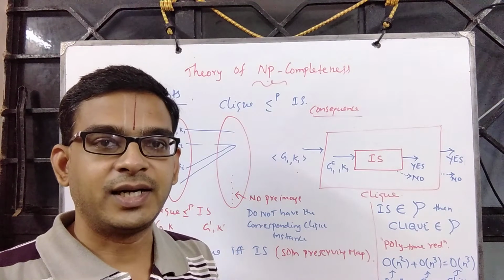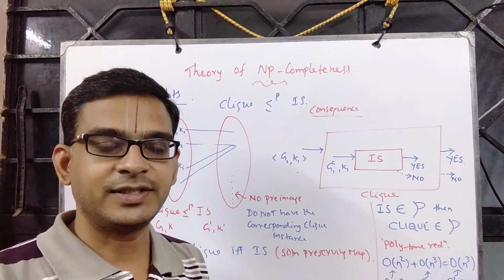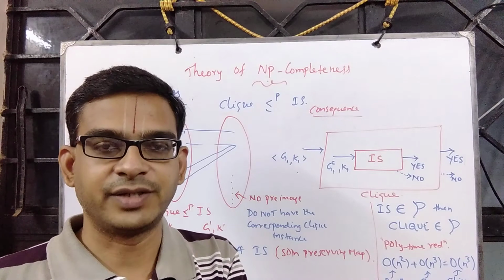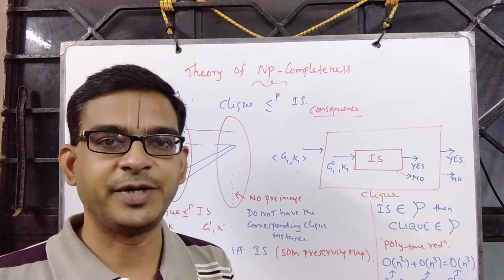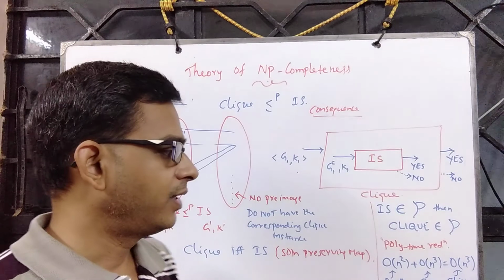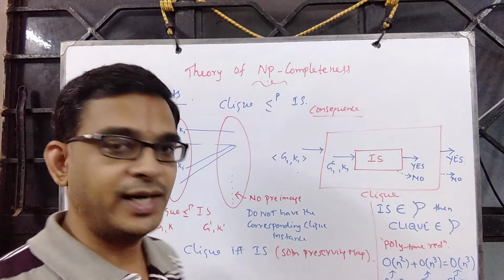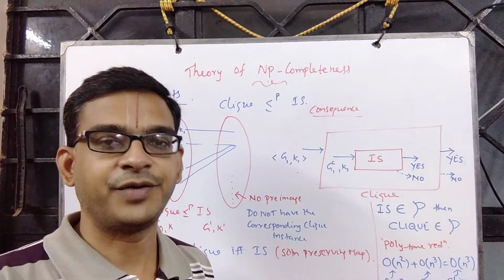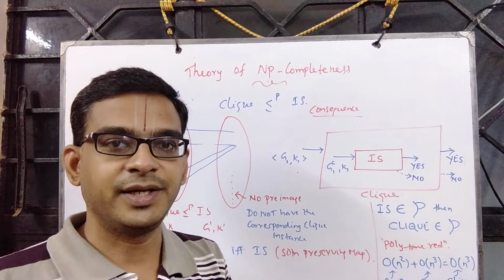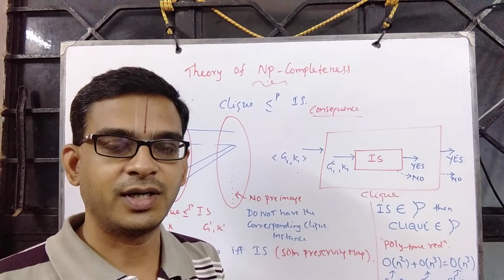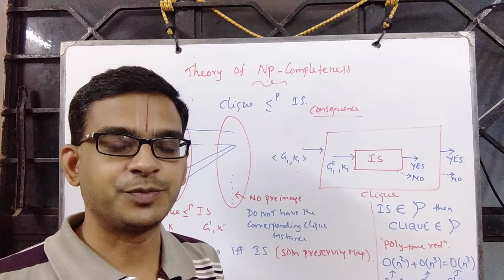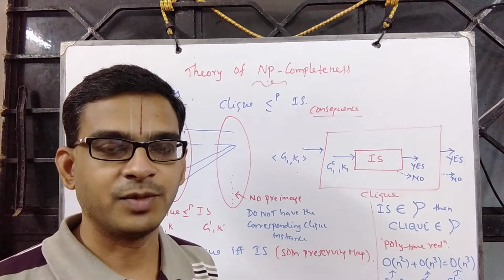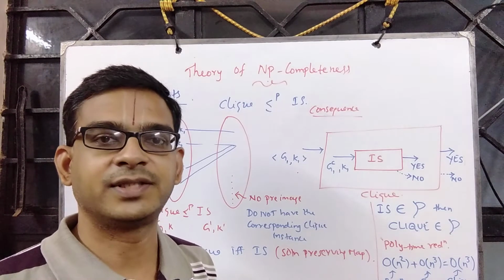It tells you that this problem is at least as hard as, say, the clique problem, and the clique problem is at least as hard as, say, 3-SAT, the satisfiability problem, and things like that. And so we bring this framework and compare the relative hardness of the problems. And if at all the independent set problem or, say, the vertex cover problem becomes polynomial time, then we get a solution to the clique problem as well. So that is the essence of this theory.